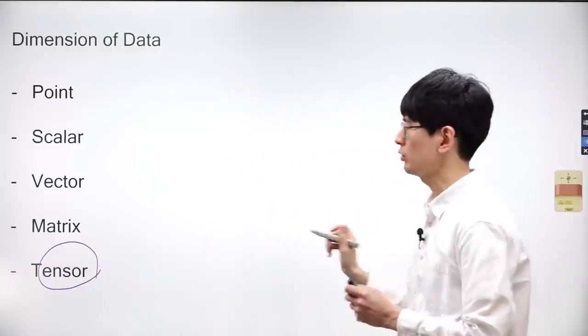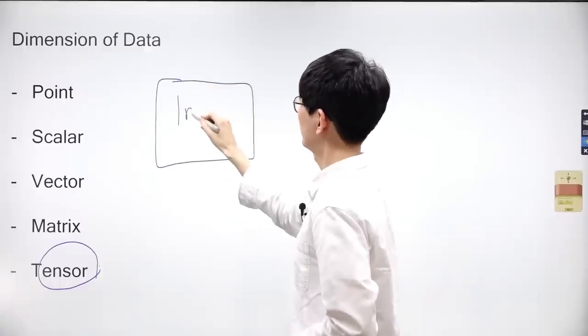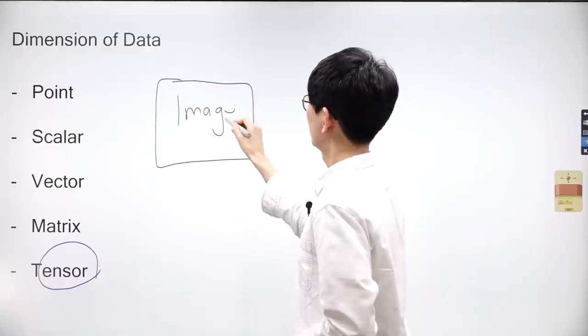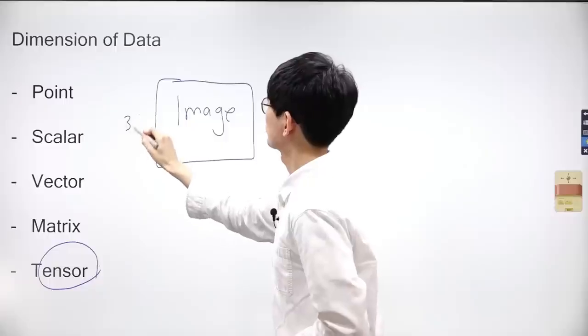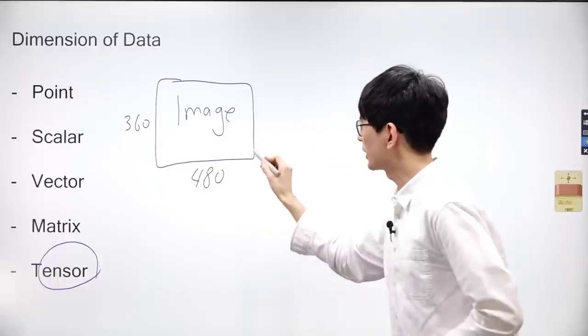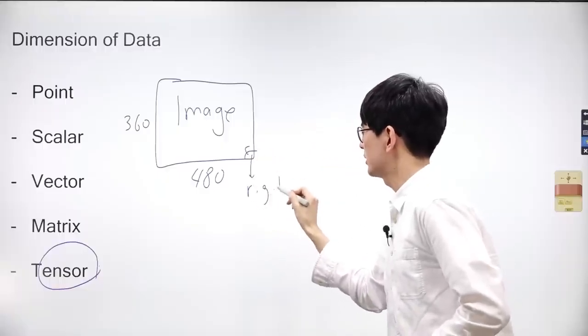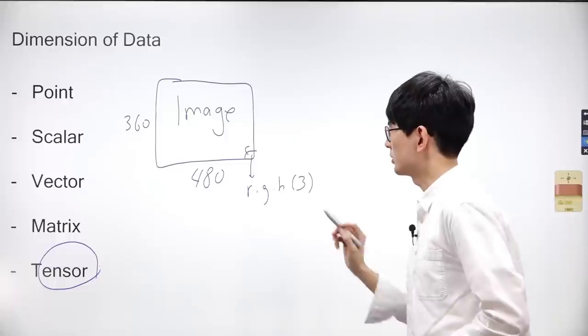Lastly, let's talk about tensors. What are tensors? They're like matrices stacked up. So it gets a bit more complicated. Let's consider an image. Say it has a resolution of 360 by 480, and each pixel has RGB data of 3.